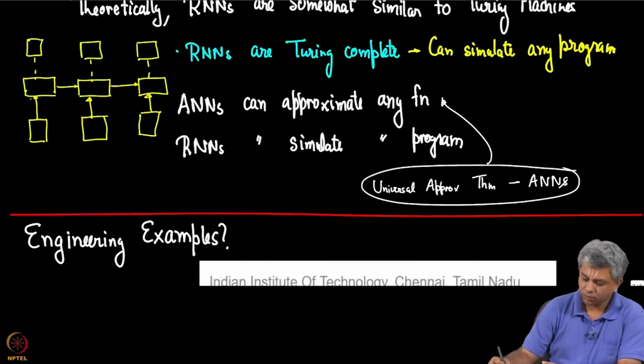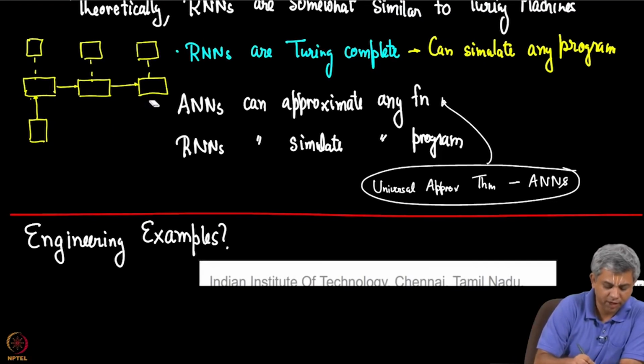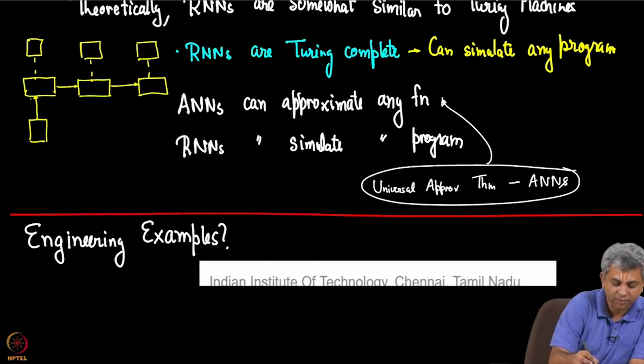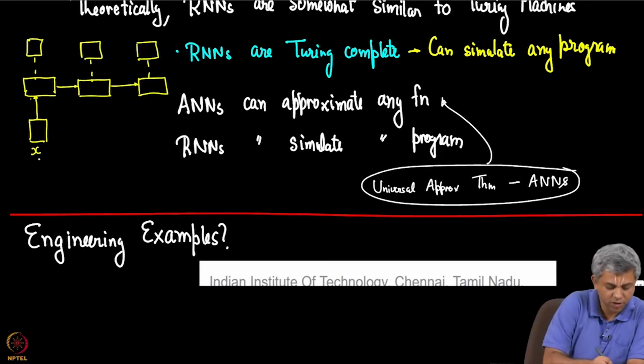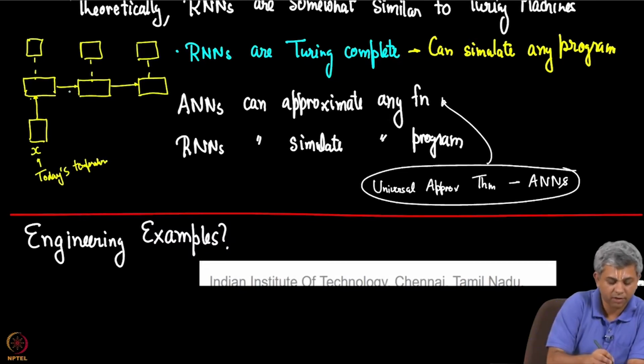Okay. So, let us say I make a simple prediction, I will erase this for a short while and then I will reintroduce this. So, let us say I have today's weather, this x here denotes today's temperature. And this is my RNN structure. My RNN structure works this way, this here will predict, let us say, tomorrow's temperature.